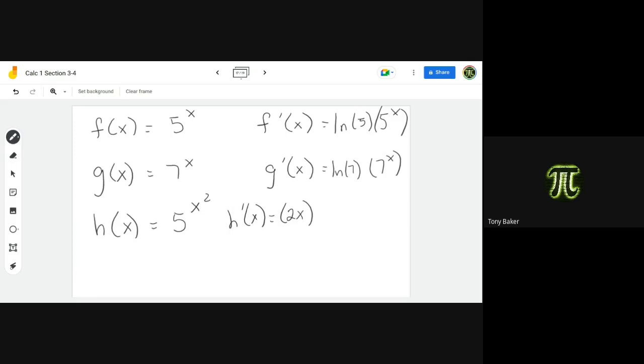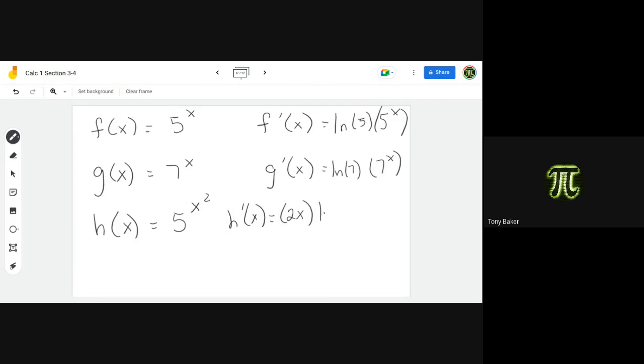But that's right. Why'd we do that? Because it's a chain rule. The other ones were just x. That's a function. What's the derivative of just x? 1. So it disappears. We don't have to worry about it. This one's 5 to the x squared. The derivative of it's not 1. It doesn't disappear. So I have to put the 2x there.